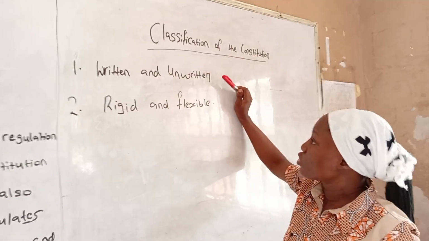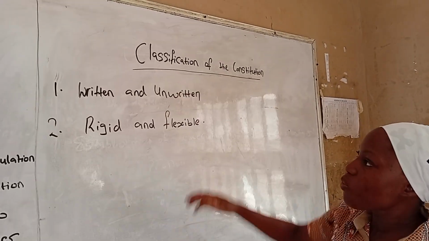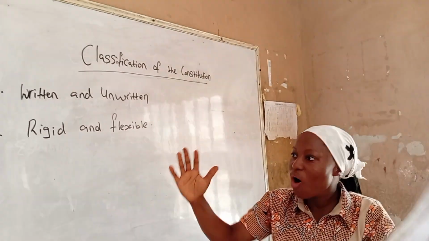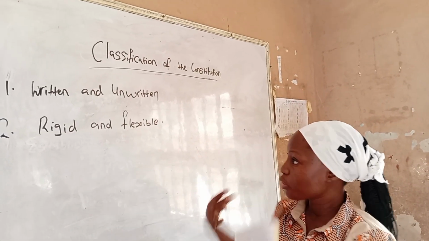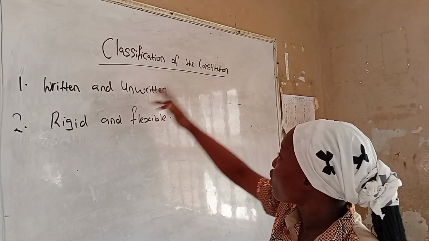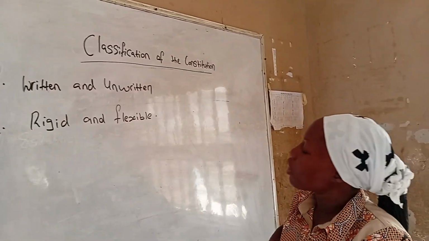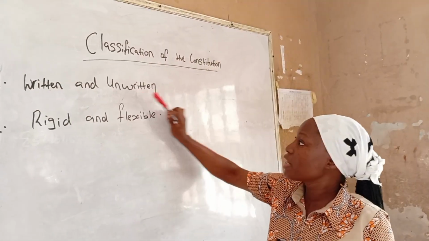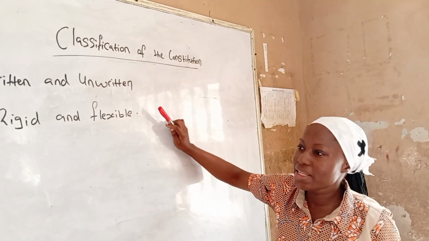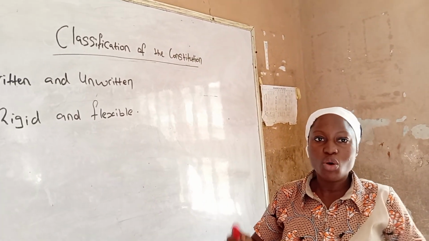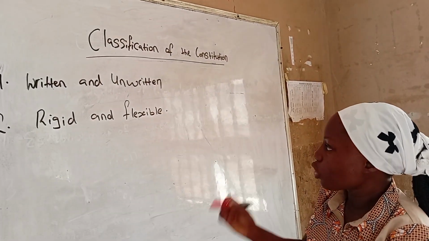A Constitution is said to be written if we can find all the rules, all the regulations, everything inside a single document. That is, all the rules can be traced to a single document. An unwritten Constitution is one we can't find in a single document; the rules are scattered.